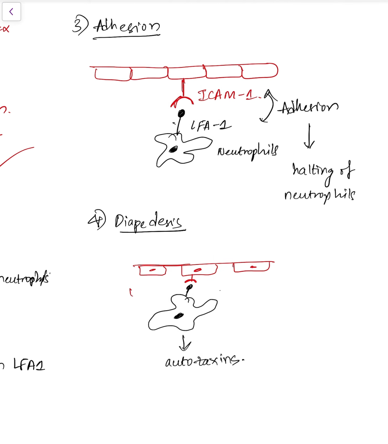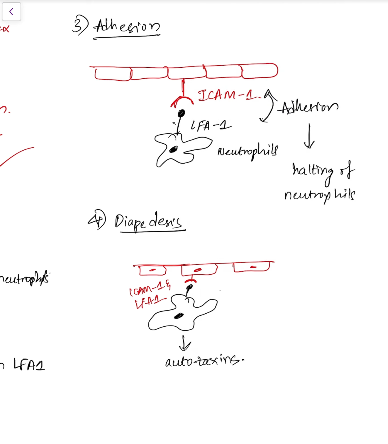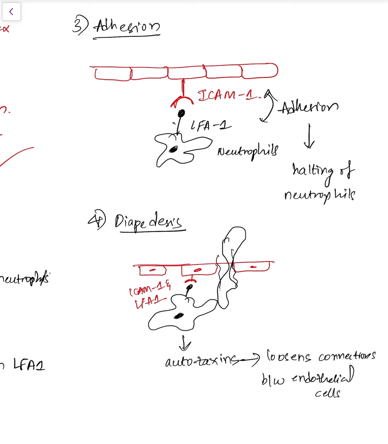Here is an interaction between ICAM1 and LFA1. Now, after this halting and the release of autotaxins, these autotaxins loosen the connections between the endothelial cells. Then the neutrophils can squeeze in and reach the site of injury.